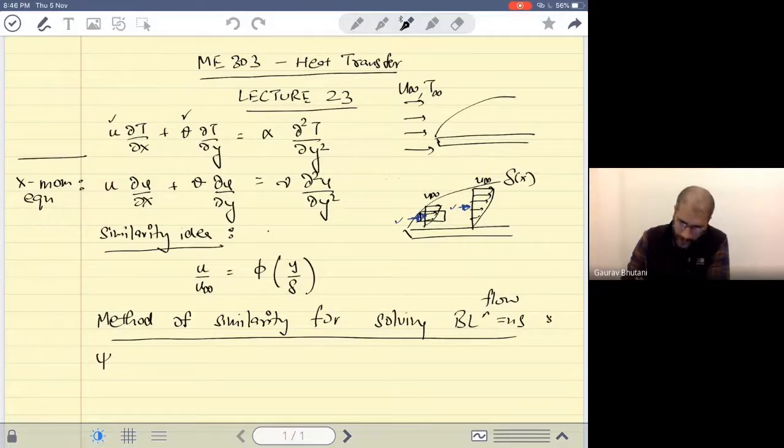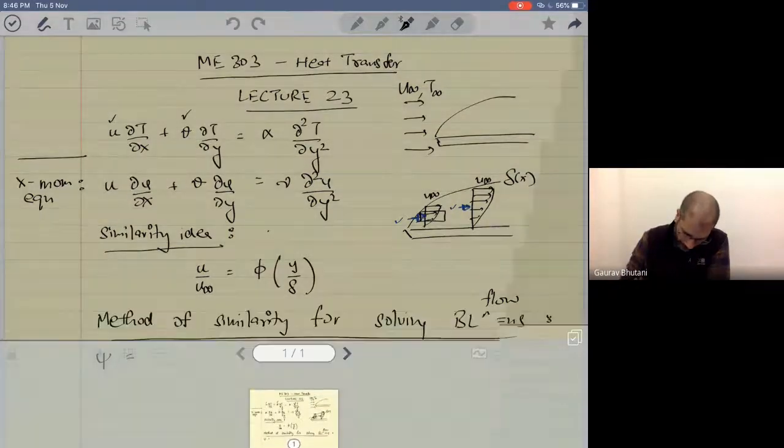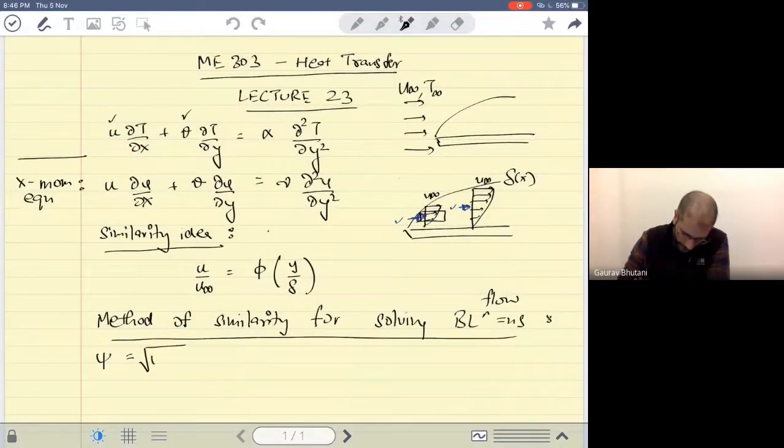So you know what a stream function is. So we define this stream function as square root of u infinity nu x times a function of eta.